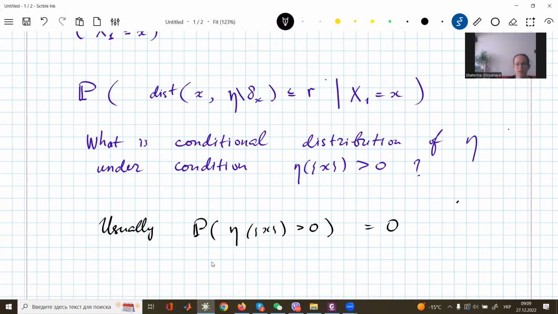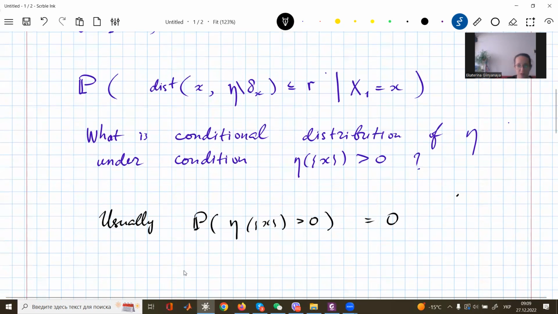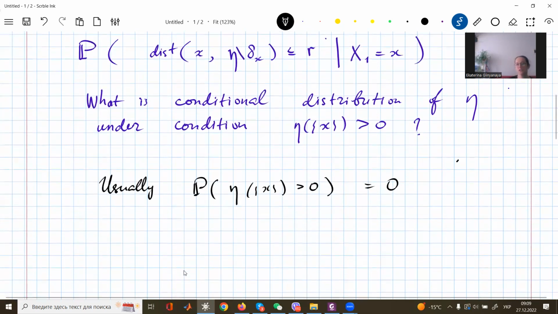So we cannot define this by the usual definition of conditional probability, and we need to understand how to specify this conditional distribution.